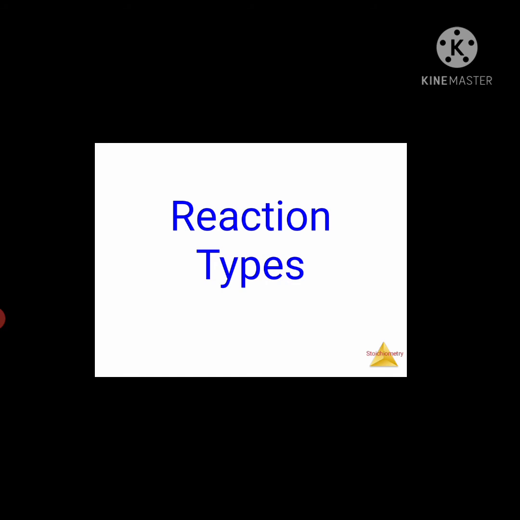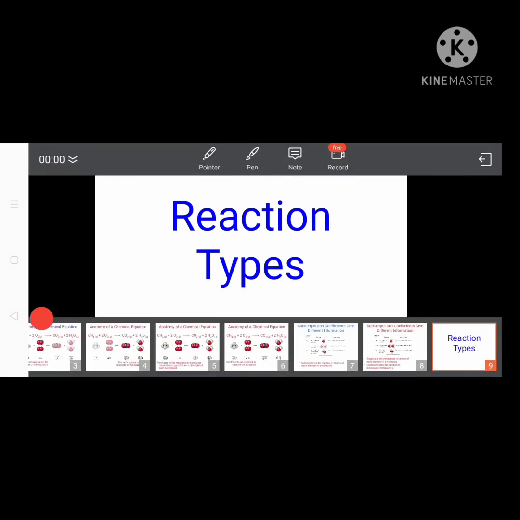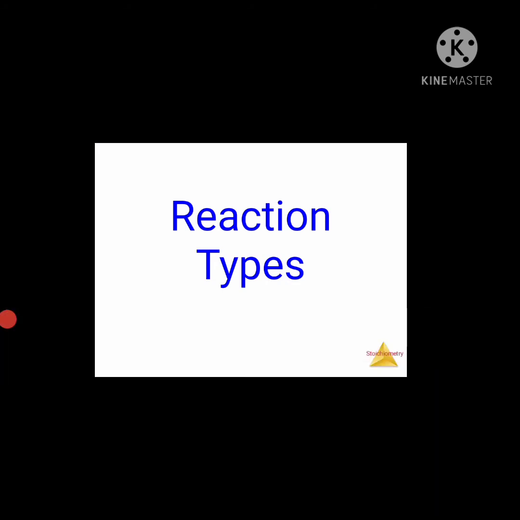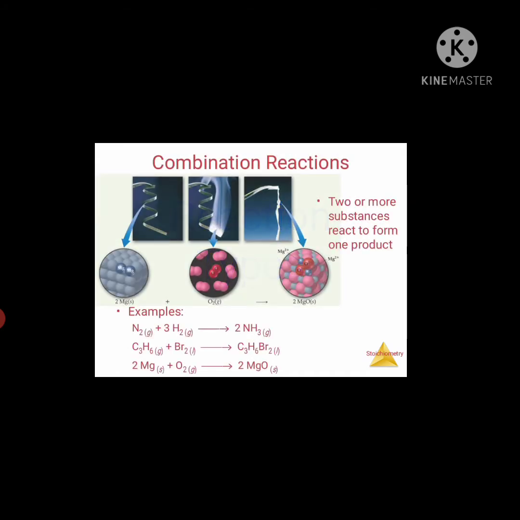So we have the different reaction types. We have here combination reactions. This is when two or more substances react to form one product. An example is given below.